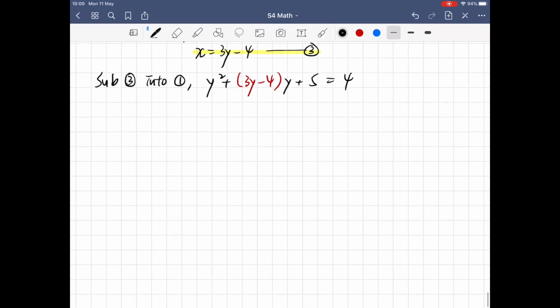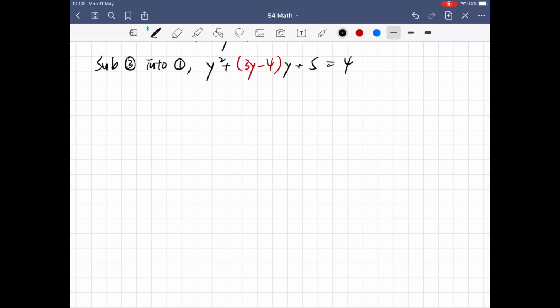Okay, then we will do the simplification. y squared plus 3y squared minus 4y plus 5 minus 4 equals 0. Okay, so for y squared plus 3y squared, it is 4y squared. Okay, and then minus 4y, and then plus 5 minus 4, it will become positive 1 equals 0.